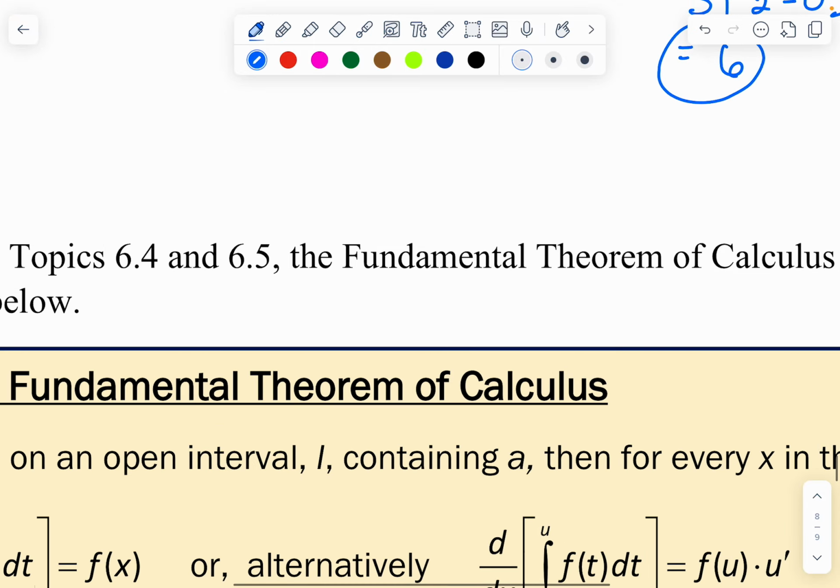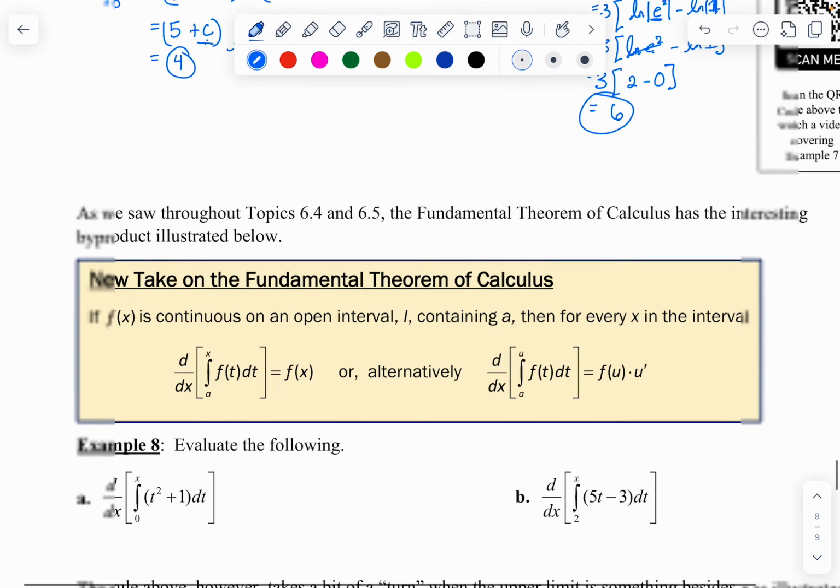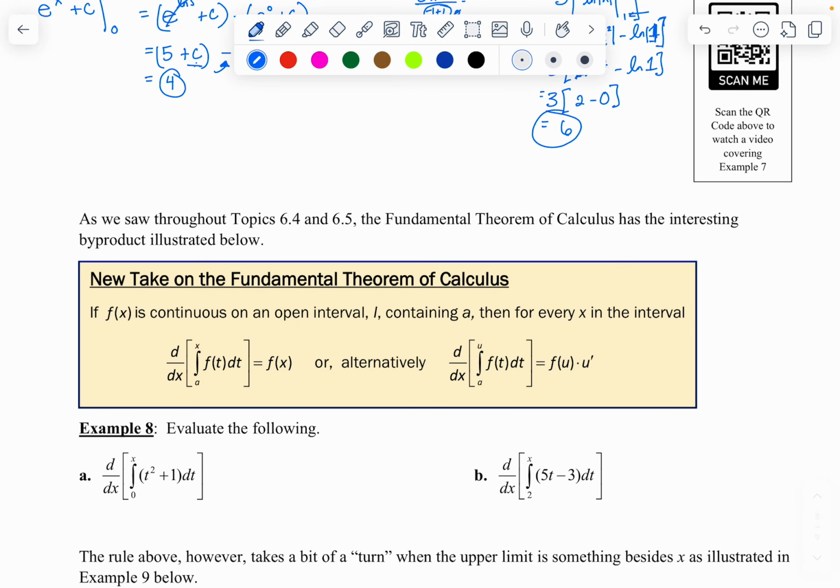All right, so as we saw throughout topics 6.4 and 6.5, the fundamental theorem of calculus has interesting byproducts, right? Anytime you take the derivative of an integral when there's an x and just an x, our answer is just going to be f of that x.